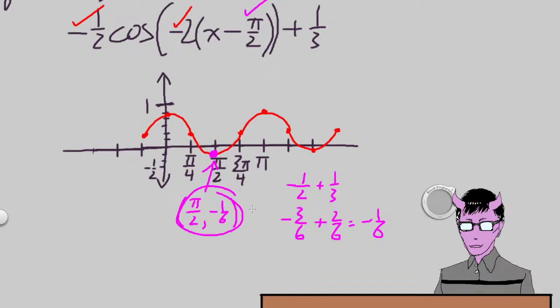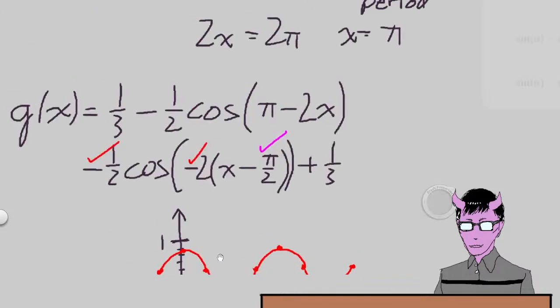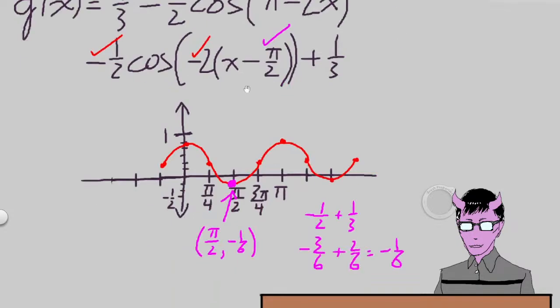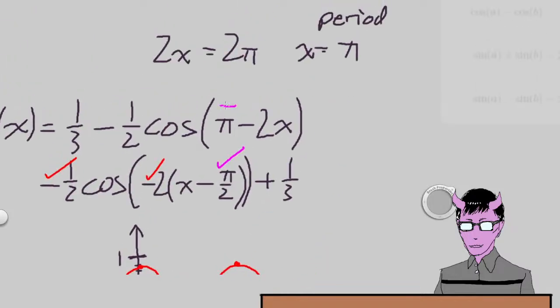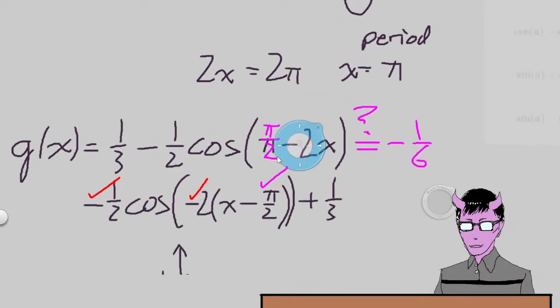So, is this point consistent with the actual equation? So we're going to take pi over 2, and we expect negative 1/6. So if we input pi over 2, do we in fact get a negative 1/6? Oh, I put this in the wrong location. Whoops. It goes right there.